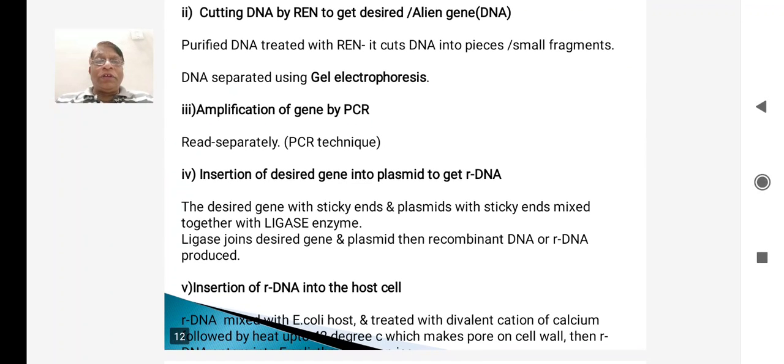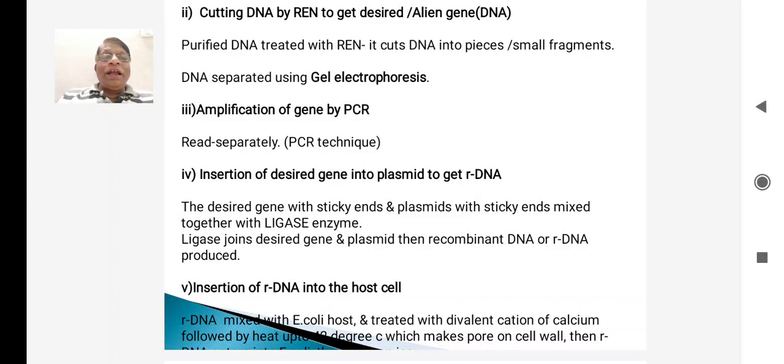Now the second step is cutting DNA by restriction endonucleases to get the desired alien gene. Purified DNA is treated with restriction endonuclease, for example EcoRI. It cuts DNA into pieces.